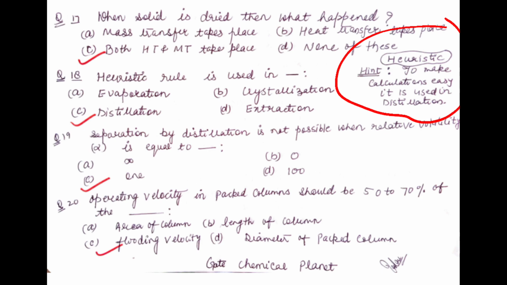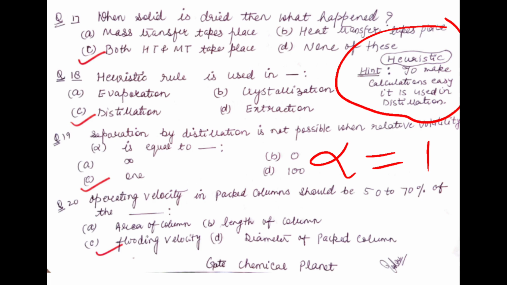So student, when the value of relative volatility alpha is equal to 1, then separation by distillation is not possible. So the correct option is C, 1. Okay, so now we will move to the next question.